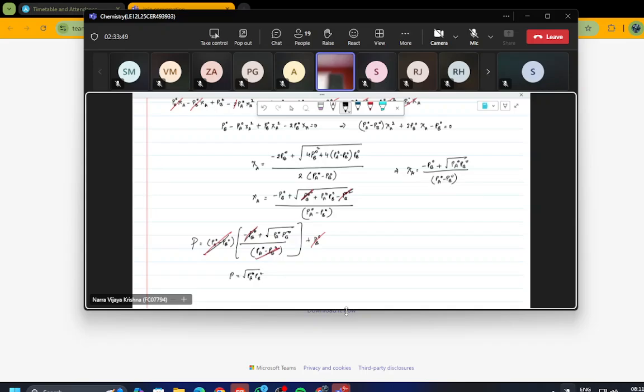If YA minus XA is a minima or maxima, total pressure P becomes equal to under root PA naught into PB naught. Right? Or XA equal to minus PB naught plus root of PA naught into PB naught upon PA naught minus PB naught.